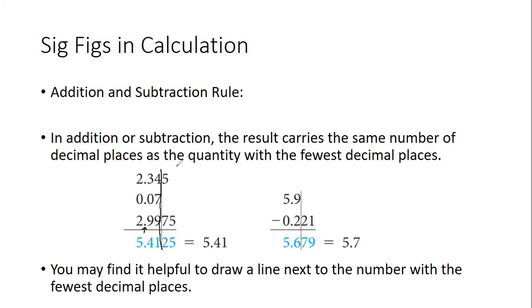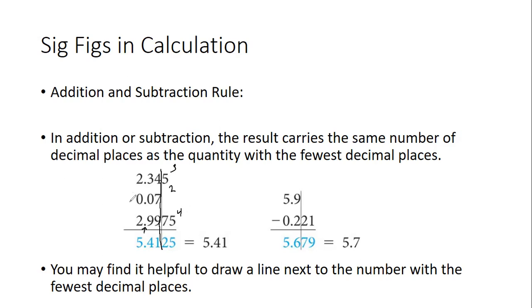Here in our first example, we have 3 numbers after the decimal, 2 numbers after the decimal, and then 4 numbers after the decimal. You select whichever has the fewest numbers after the decimal, and your answer has to reflect that.